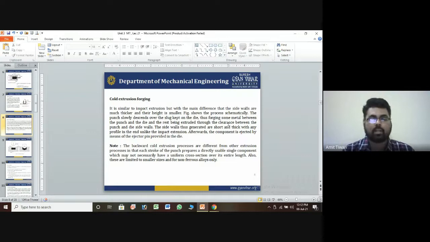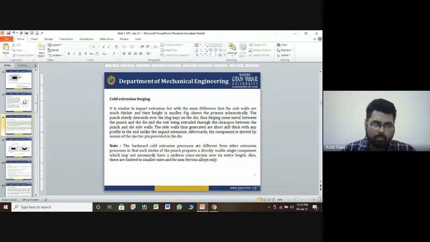So these are some differences between impact extrusion and cold extrusion. The side wall is generated thick with any profile, and unlike impact extrusion, afterward the component is ejected by means of the ejector pin provided in the die. So these are all some benefits that will be found in this type of process.